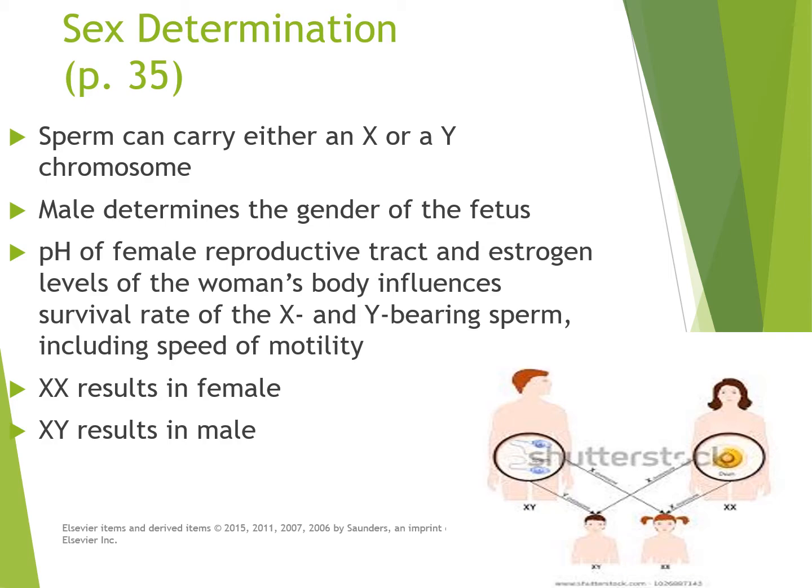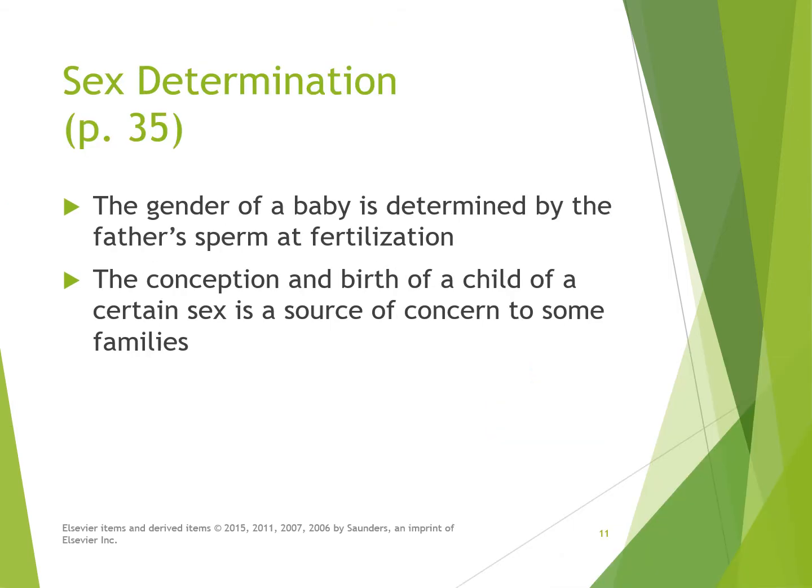Okay, so you can just see in the picture down on the bottom right about the X's and the Y's. Sex determination. So gender is determined by the father's sperm at fertilization. Conception and birth of a child of a certain sex is a source of concern to some families in China. Well, let's not talk about viruses right now.